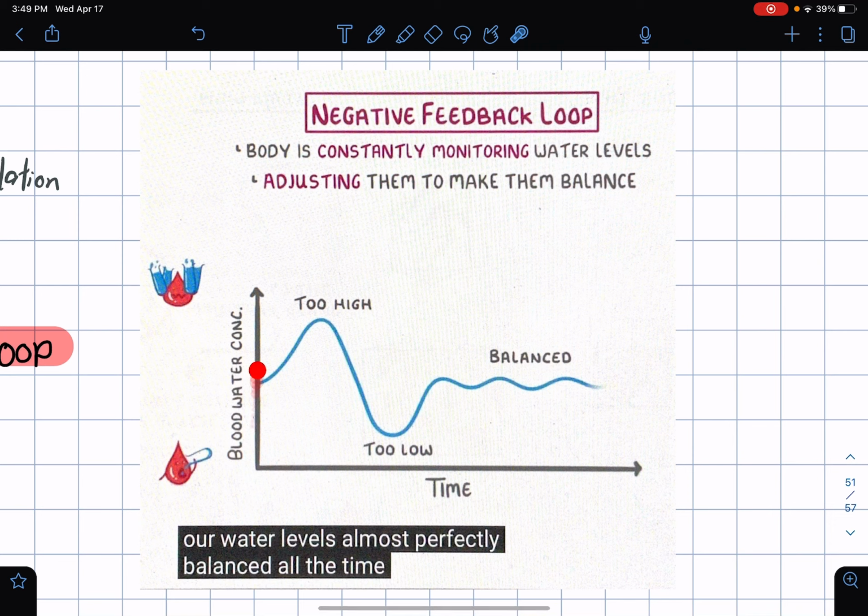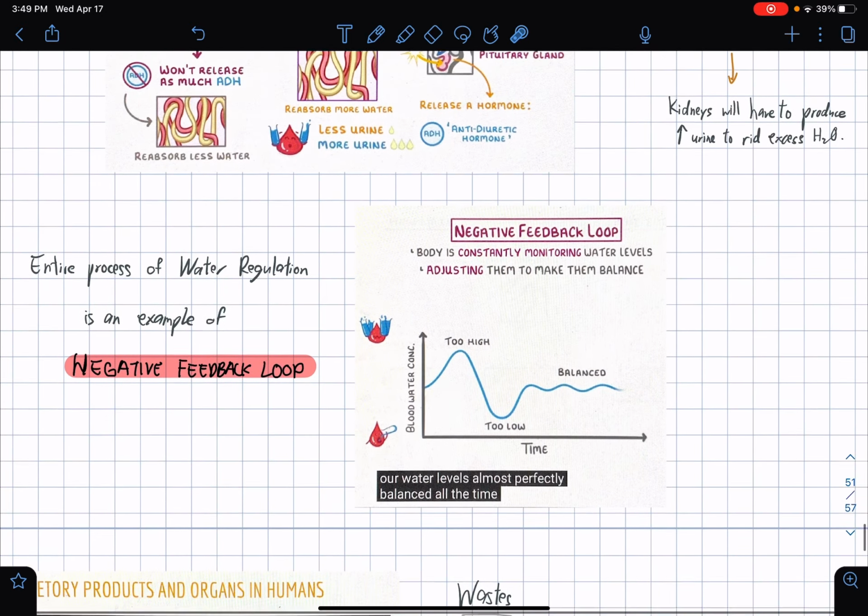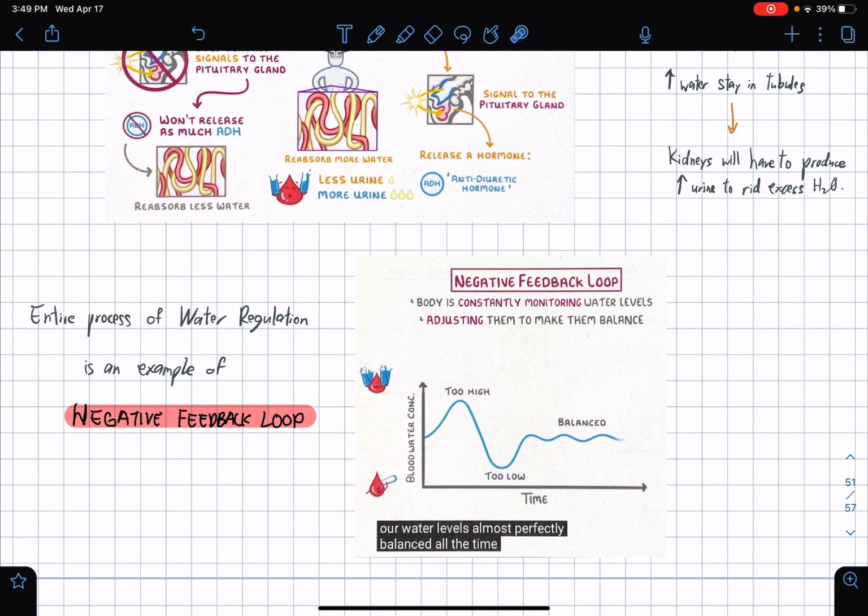Blood water concentration, if it's too high, will go back to being too low, and the ultimate goal of the urinary system is to make the concentration balanced. So your body works hard to make sure that balance criterion is met.